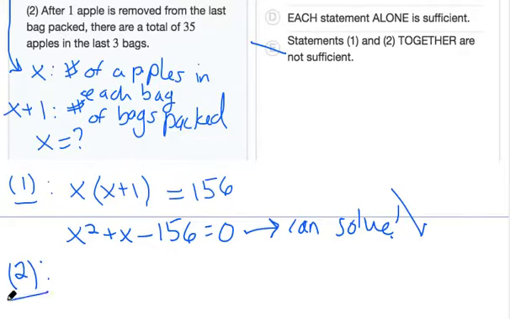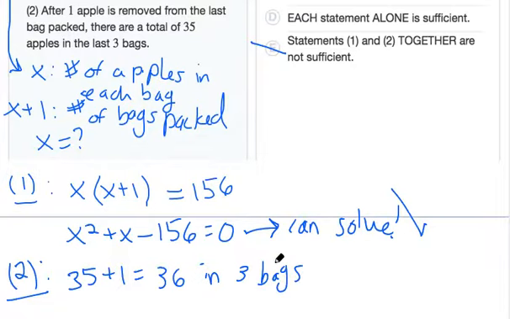Considering statement 2, we're given that after one apple is removed from the last bag packed, there are a total of 35 apples in the last 3 bags. That means that before the apple was removed, there were 35 plus 1, which is 36, apples in 3 bags.